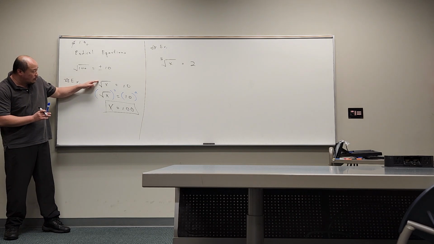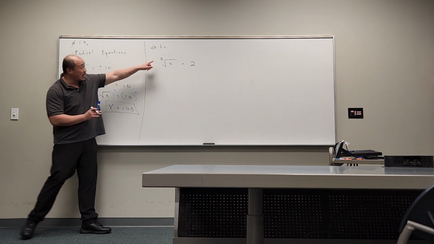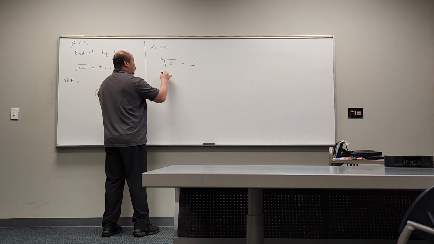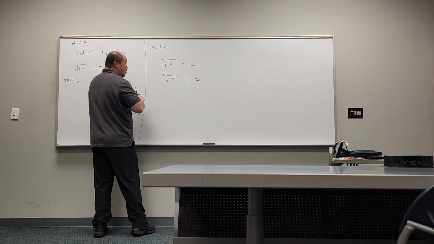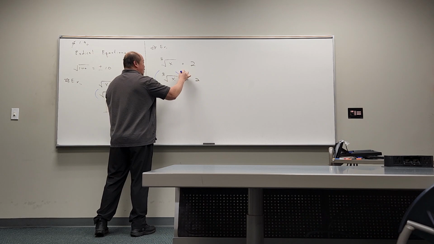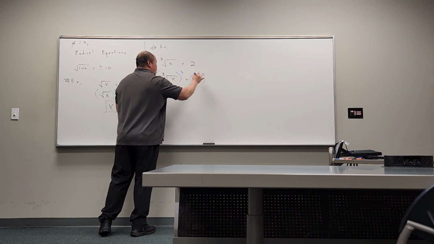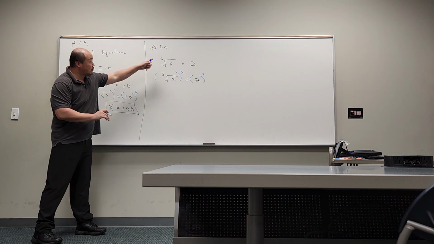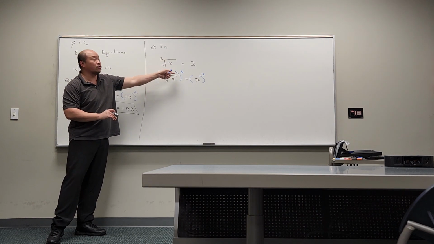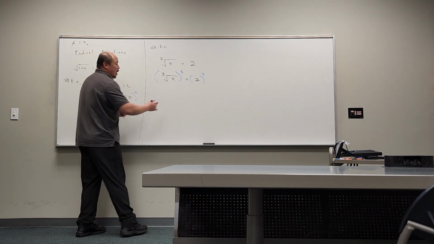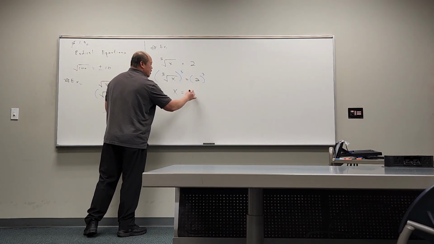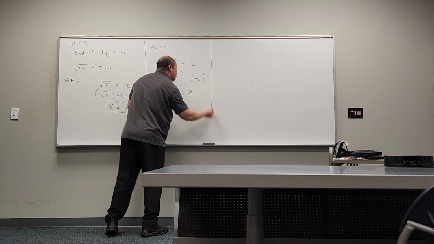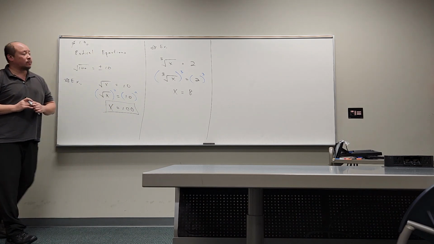This is a square root, so use the square. This is a cubic root, so you apply the exponent of 3. If that's a 4, you do 4. If that's a 10, you do 10. So on the left-hand side, that's just x. 2 to the third power is 8. And that's it. This one is pretty straightforward.